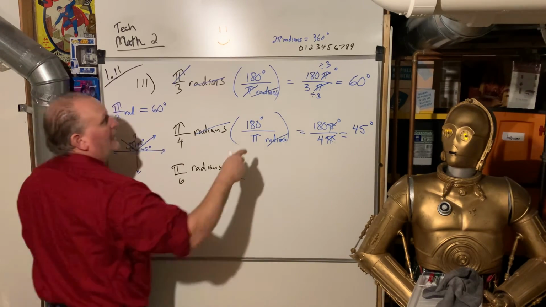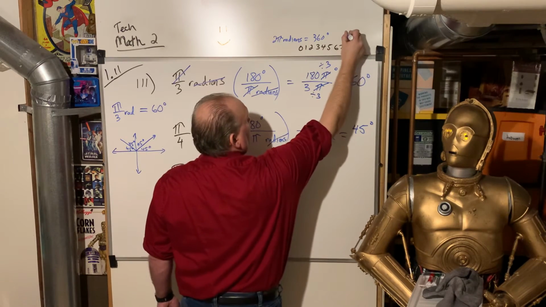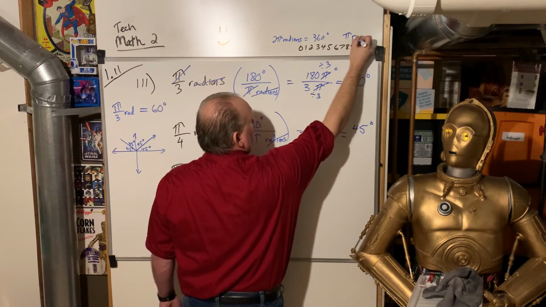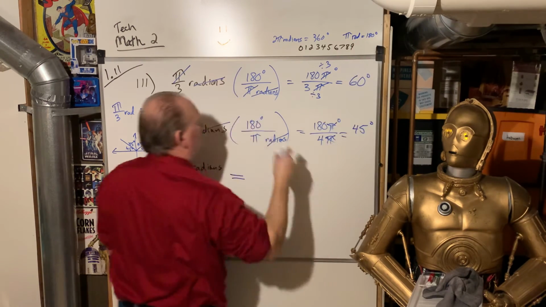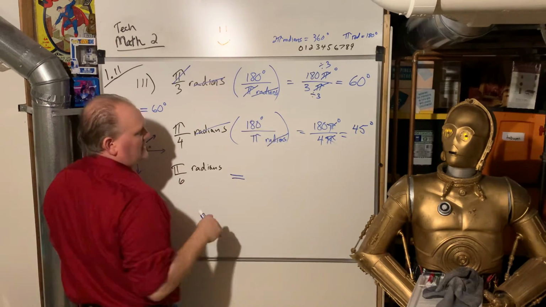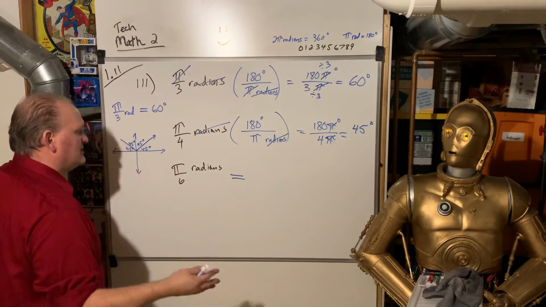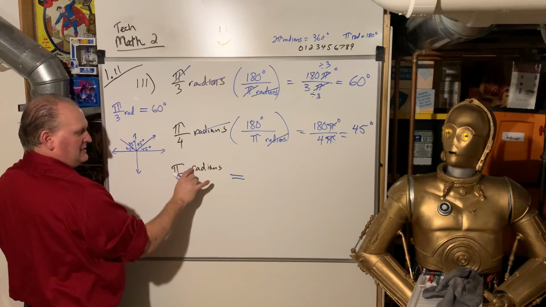Now look, I said 2 pi radians equals 360. I also said that pi radians is equal to 180 degrees. So instead of multiplying and canceling stuff off, this is how I'm used to it. This is how I'm mostly going to demonstrate it. But I have had students go, no, you're making it harder. Just say pi radians.